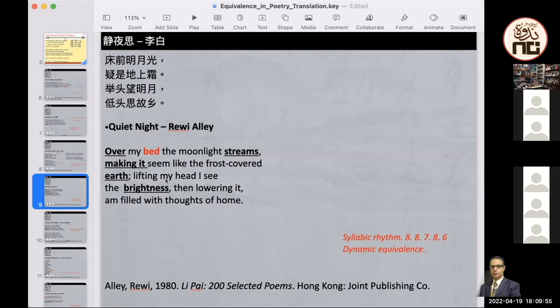But in Chinese is different. Chinese, the appreciation is different. So here, when we see that he did not repeat the word head, we know right away that he wants to render it in natural, modern English. He didn't repeat the same words. Lifting my head, I see the brightness, then lowering it and filled with thoughts of home. This is dynamic, 100% dynamic equivalence.